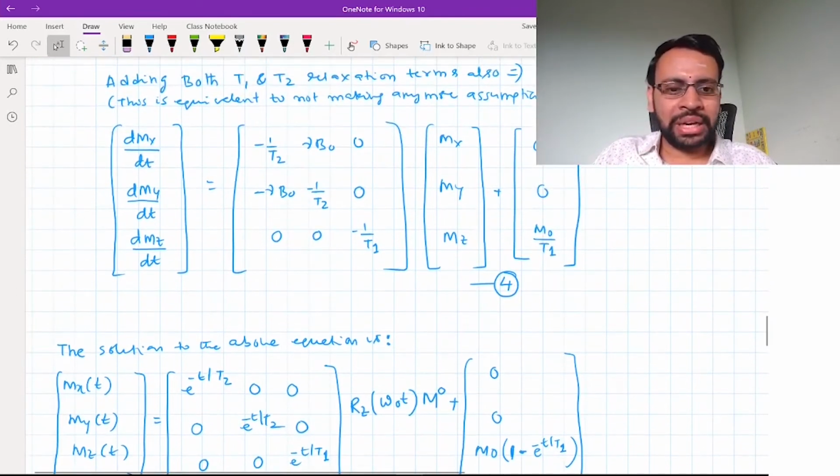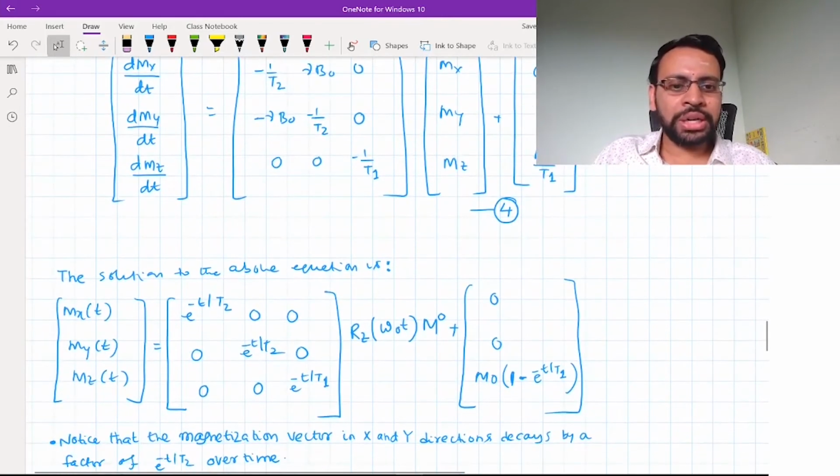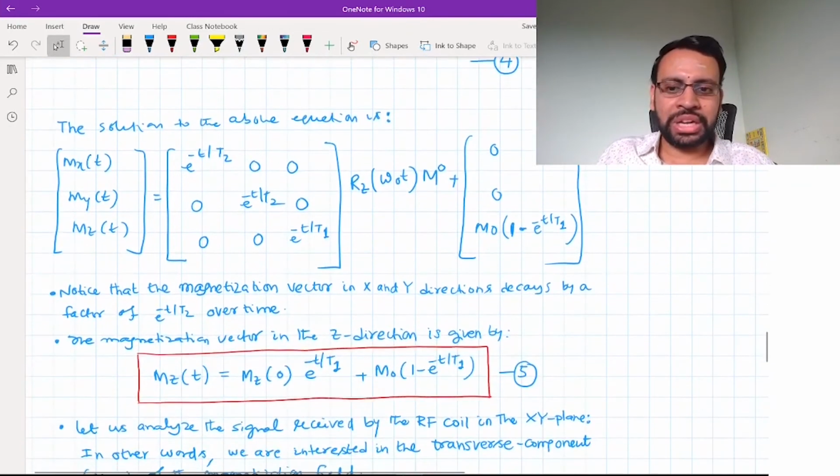And while taking derivatives, this would eventually be equivalent to M naught into 1 minus e to the power of minus t over T1. So this is the expression that you would be getting here.